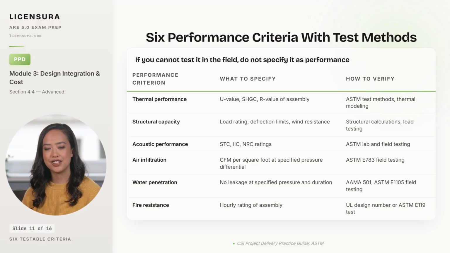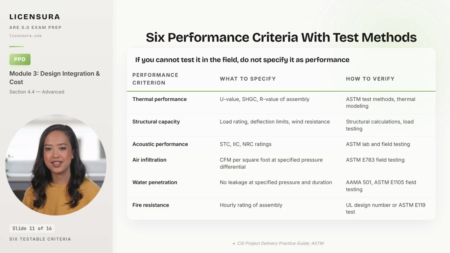Air infiltration is specified as a leakage rate in cubic feet per minute per square foot at a specified pressure differential, verified by ASTM E783 field testing of the actual installed assembly.